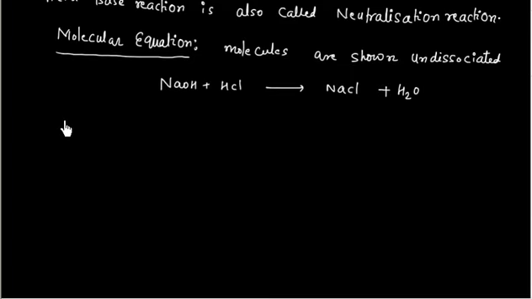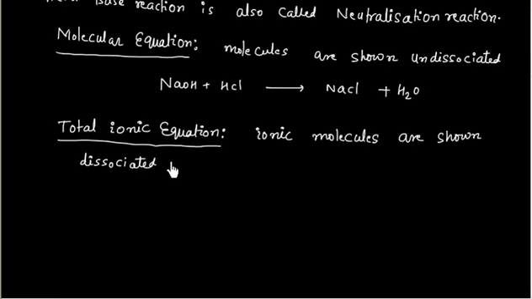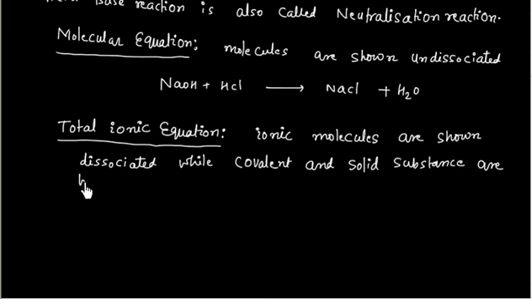Now another kind of equation is called the total ionic equation. In this kind of equation, ionic molecules are shown dissociated, while covalent and solid substances are written undissociated.